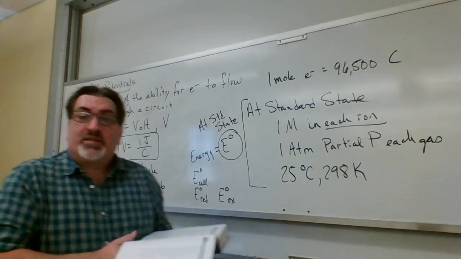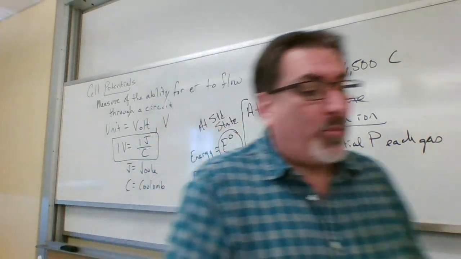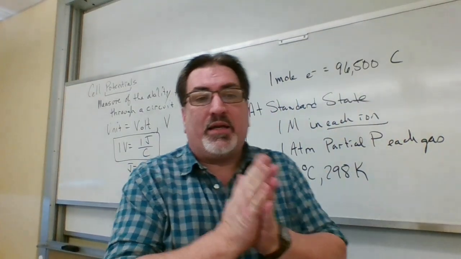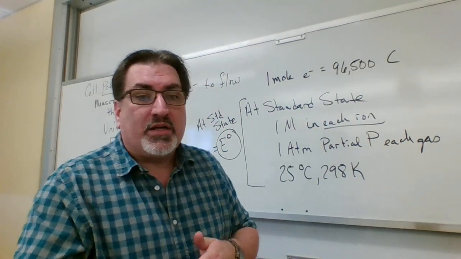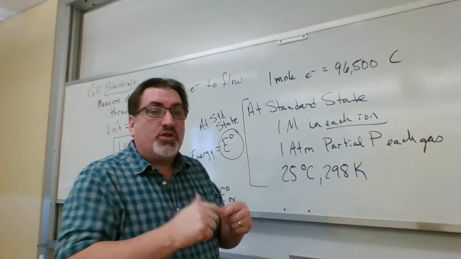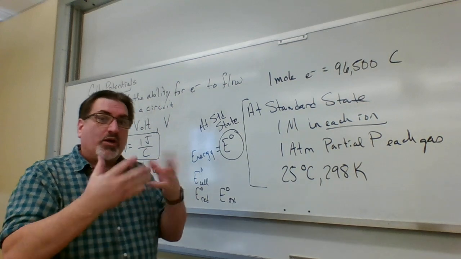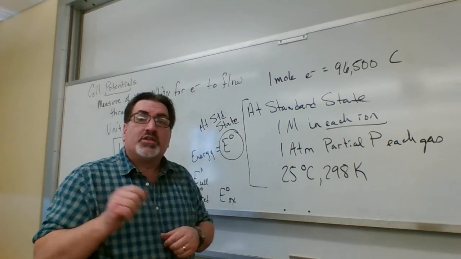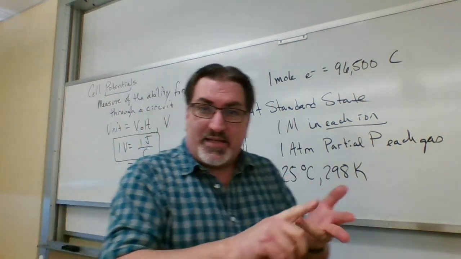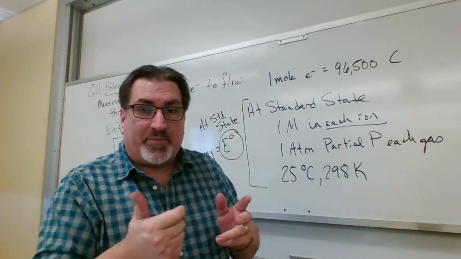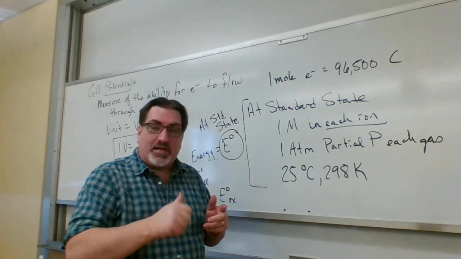We're not going to do much of that. There are a couple of ways we're going to solve the problems, and the way we are going to solve our problems, we don't do any sign flipping from the table values. We're going to use an equation that does the sign flipping for us. Just like in our delta H, delta S, delta G problems, we didn't do any sign flipping, the equation we used did the sign flipping for us.